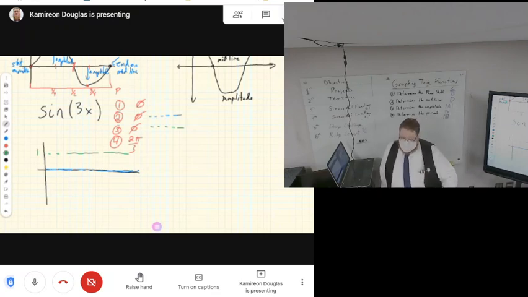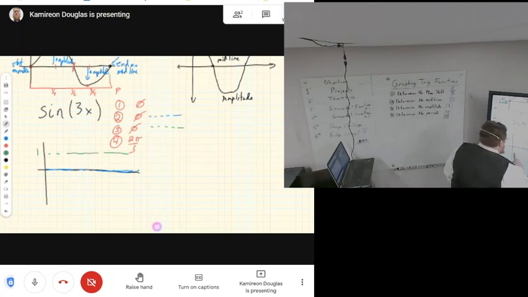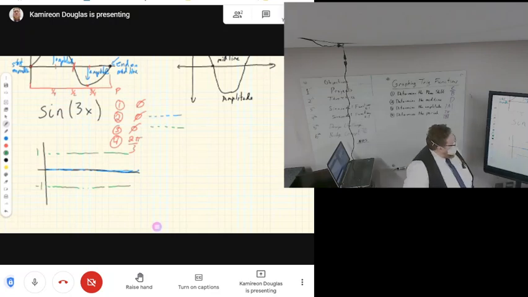Up at the lower amplitude, a -1. So what I've done is I've taken the midline, I put that in first, then I put the amplitude around the midline. Now I figure out how to fit it in between.